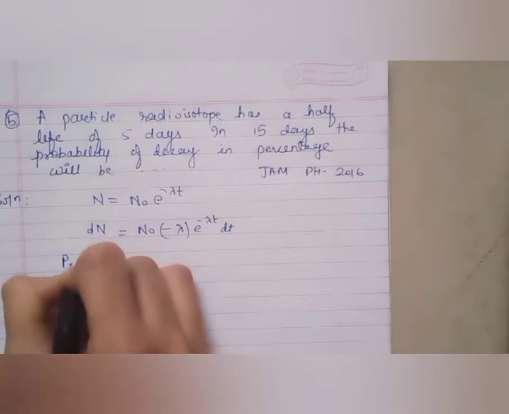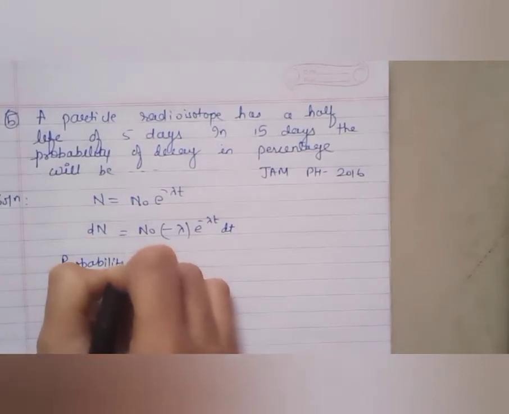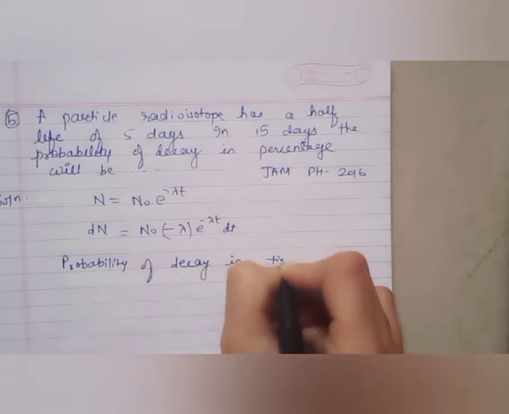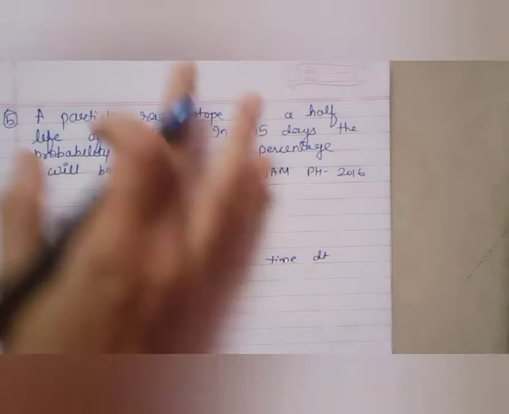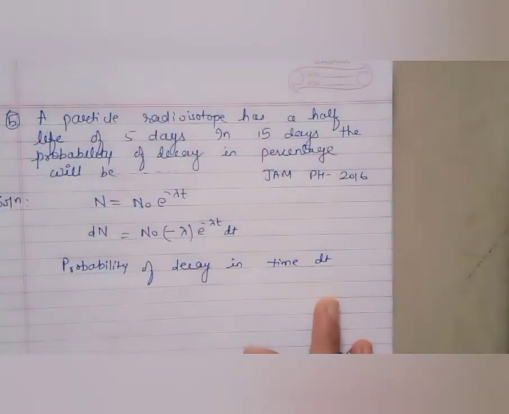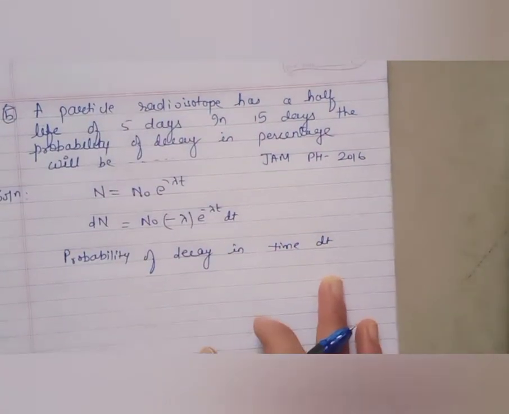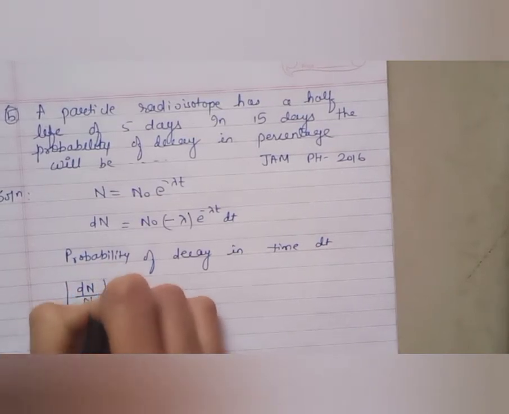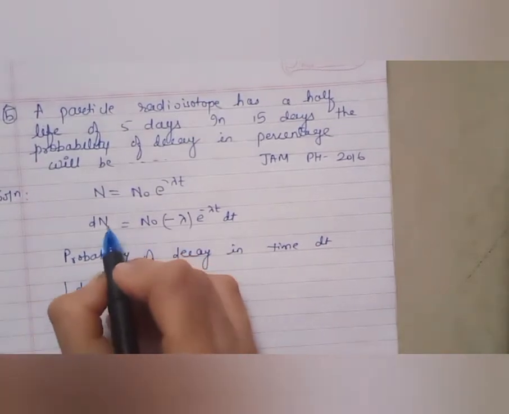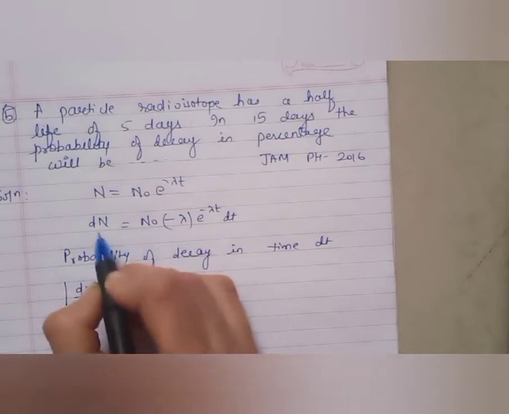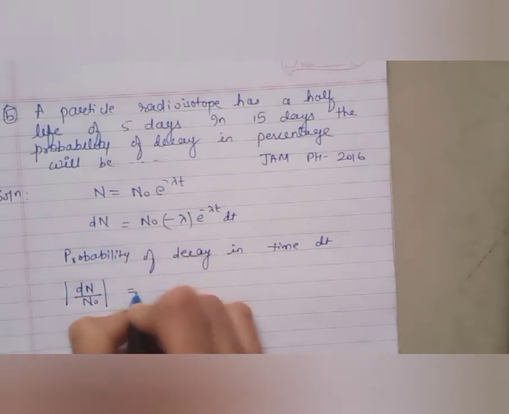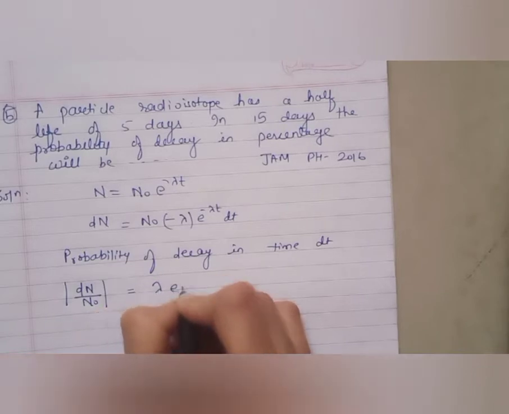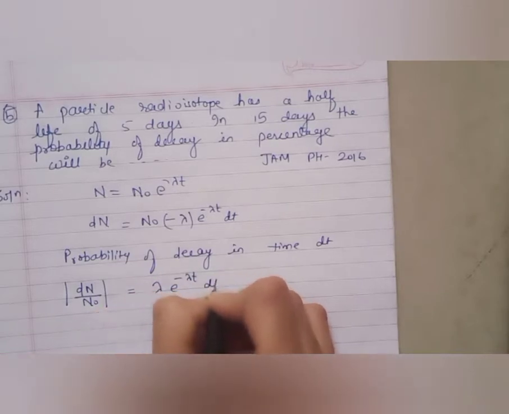Now what we have to find out is the probability of decay in time dt. So how will we find this? The probability of decay in time dt is given by modulus of dN by N0. So dN upon N0. I will shift this N0 to this side, so I will get lambda e raised to minus lambda t dt.